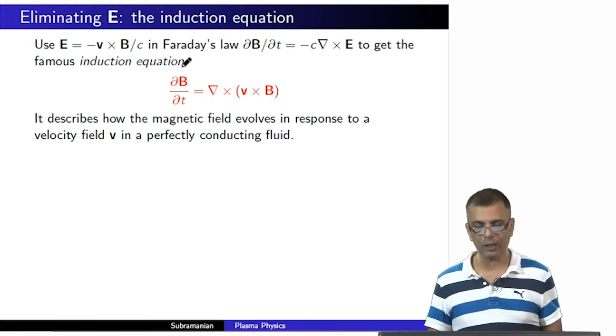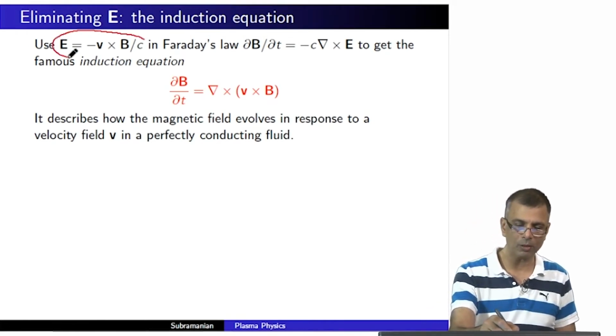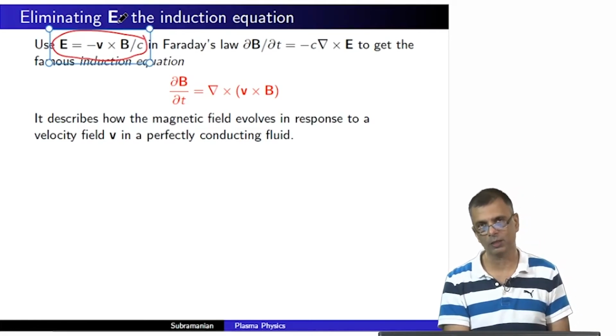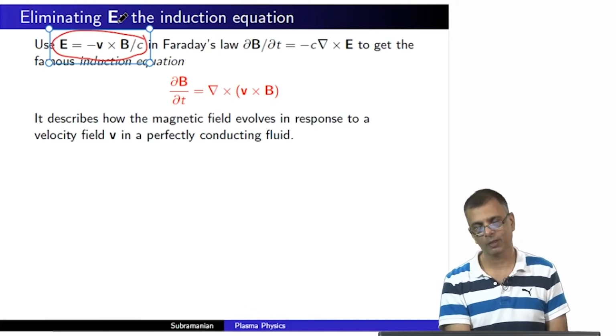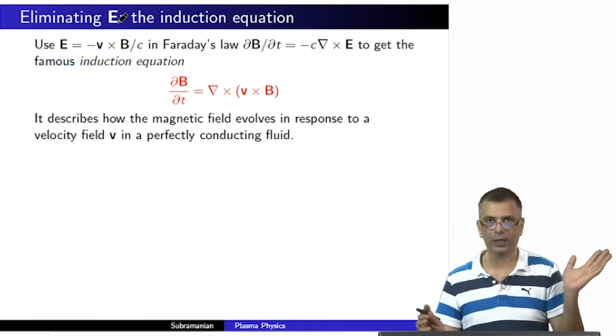Why a perfectly conducting fluid? Because this thing applies only to a perfectly conducting fluid, E equals minus V cross B over C. If a fluid is not perfectly conducting, this does not apply. Okay. So, as such, the equation as it stands applies only to a perfectly conducting fluid.